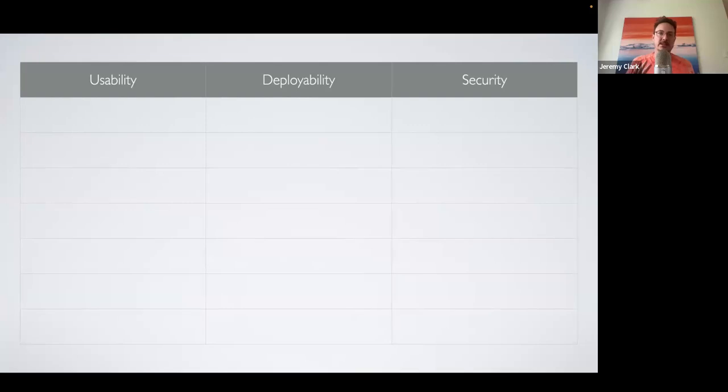It's a little hard without seeing these examples, but I'm going to give you 2 minutes to think about your own. You can also start thinking about deployability and security, but for now, try to think of a few usability columns, or at least ideas behind a column, or some usability property that we could highlight if we were trying to compare different password alternatives to each other. Just drop those into chat.